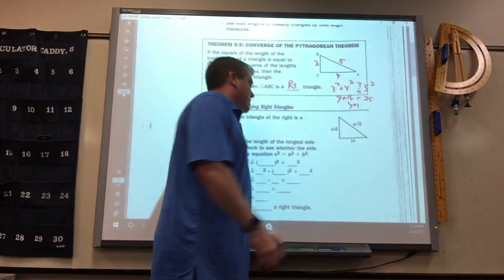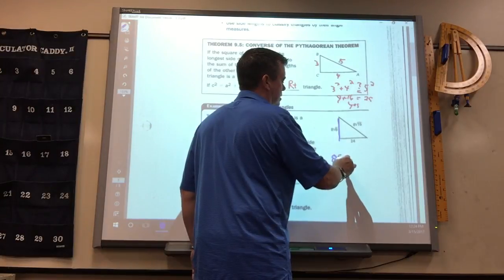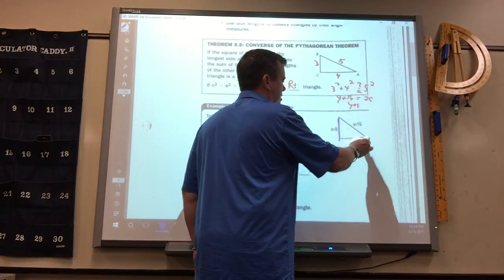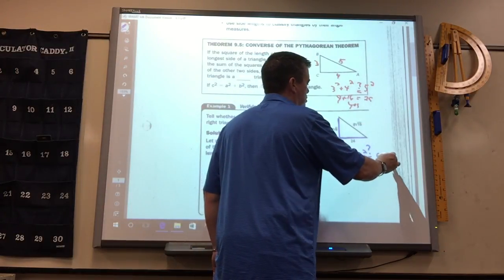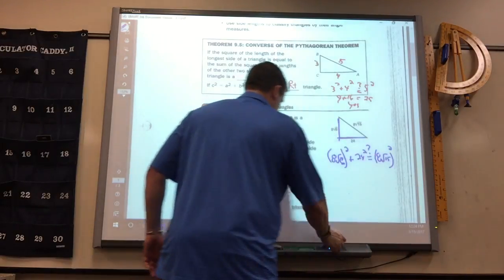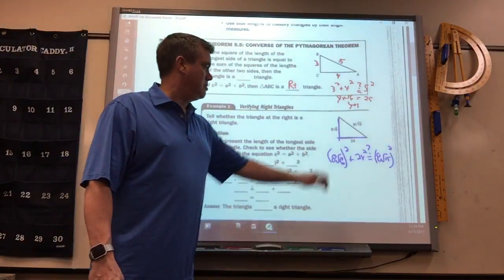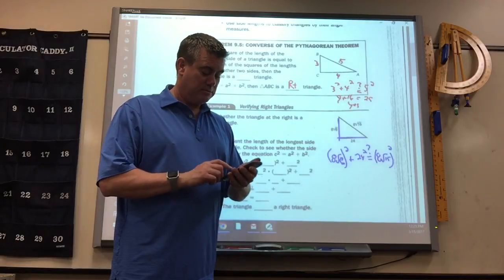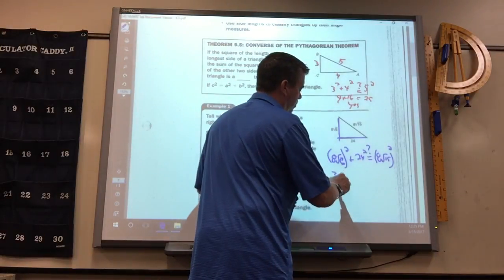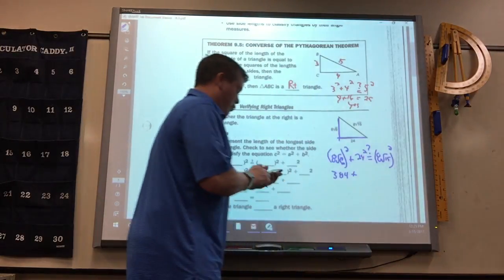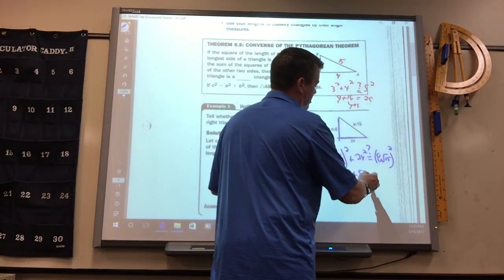So if there's square roots in there, remember you got to take the leg squared plus the leg squared. Does it equal the hypotenuse squared? So when you square this, 8 times square root of 6 and then square it, you get 384 plus 24 squared, 576.